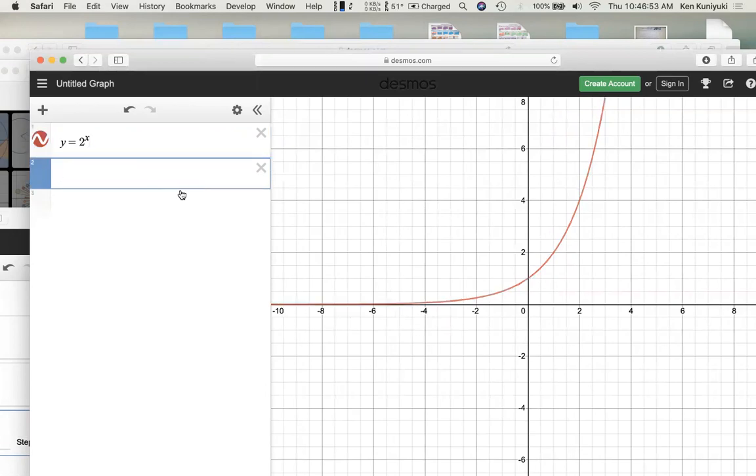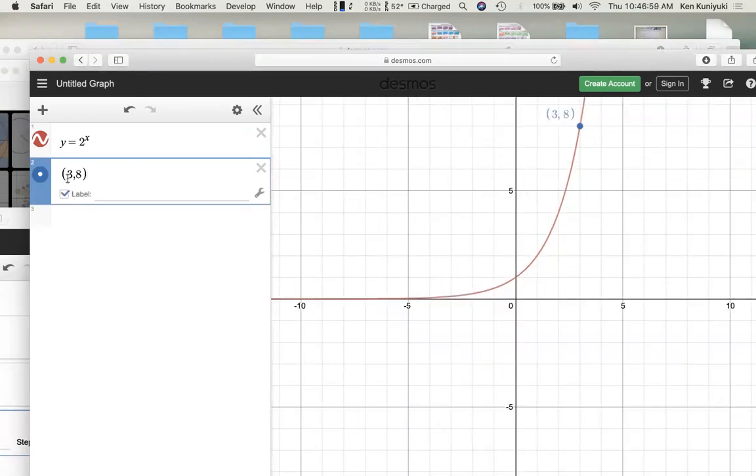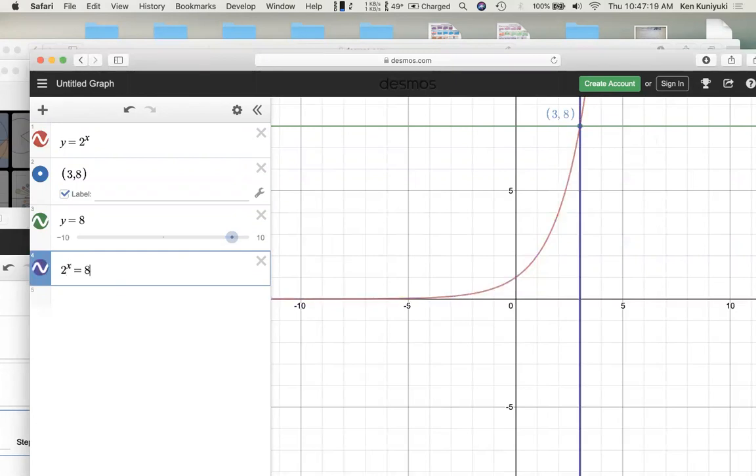So for example, if I plot the point 3 comma 8, which I know is on the graph because 2 to the third, when x is 3, is 8, y equals 8. Okay, so if I consider the horizontal line y equals 8, it only passes through that one point on the graph. So if I wanted to solve the equation 2 to the x equals 8, well, there's only one solution.